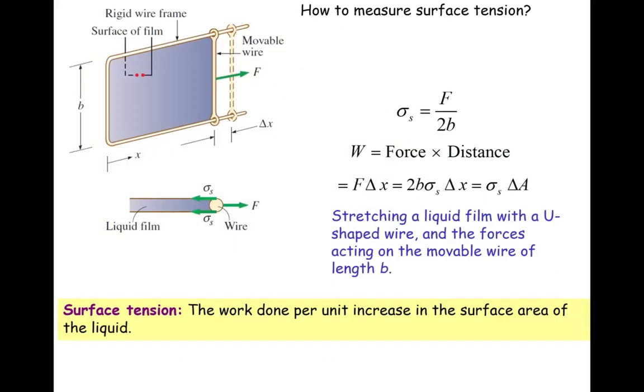How do we measure surface tension? Obviously, we can have a U-shaped rod, like the form kids use when generating bubbles. Imagine this U shape, and a rod sliding inside it. You put the liquid between them, then apply force in this direction, and once you move it, due to stretching, it will extend up to a certain distance, and a membrane or layer of fluid forms here, like an elastic stretching layer or skin.